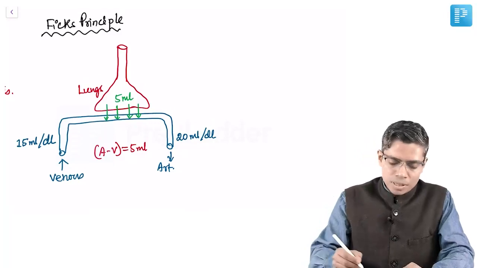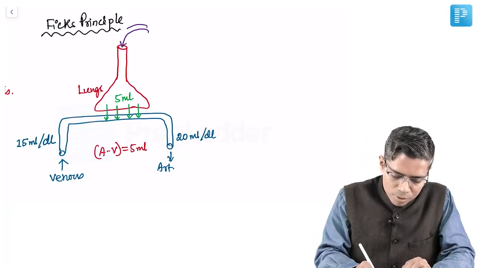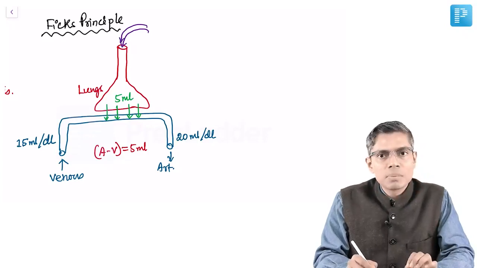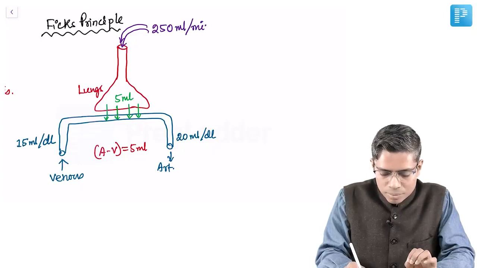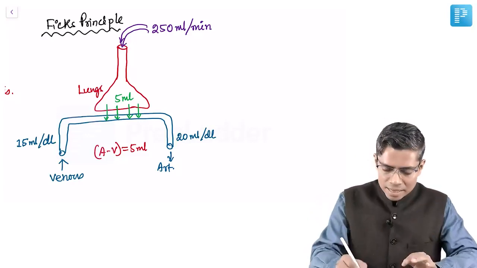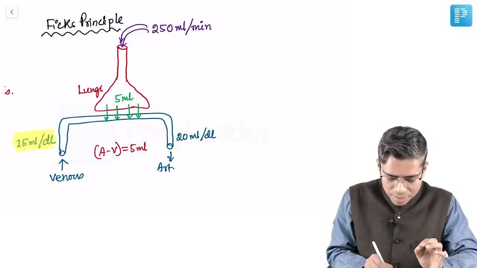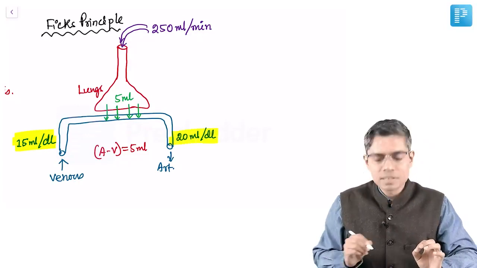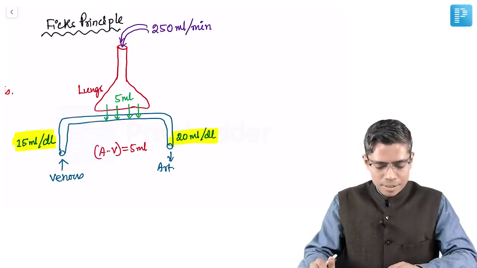Now, suppose I have already measured how much oxygen is absorbed at the level of lung in 1 minute, and suppose that is 250 ml of oxygen in 1 minute. And then I have calculated the venous blood oxygen content and the arterial blood oxygen content, and I can calculate the difference between them.